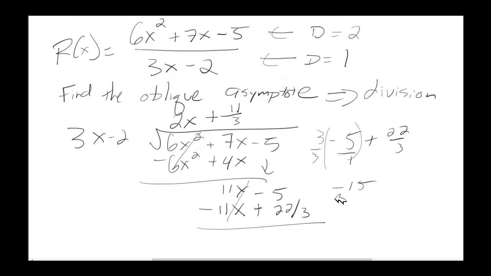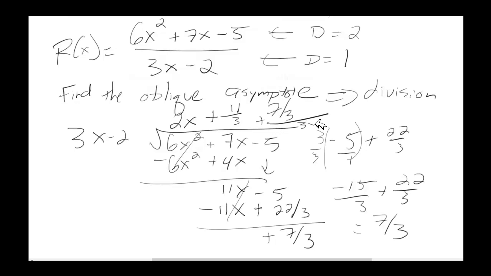This is minus 15 thirds plus 22 thirds, which gives me 7 thirds, and that is my remainder. So plus 7 thirds over 3x minus 2. And then this is our oblique asymptote. So we have an oblique asymptote at y equals 2x plus 11 over 3.